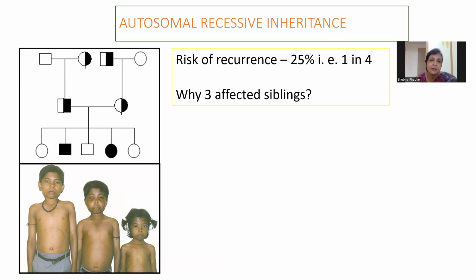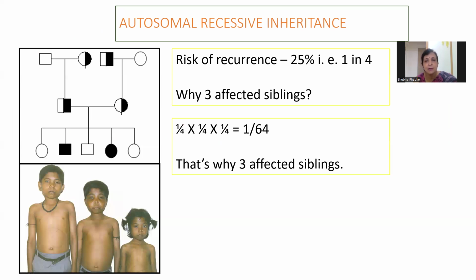The risk of recurrence after the birth of one child with an autosomal recessive disorder should be 1 in 4, or 25%. Then why three affected siblings? It is because chance does not have memory, and the possibility that all three consecutive children will have the same autosomal recessive disease is 1 in 64.